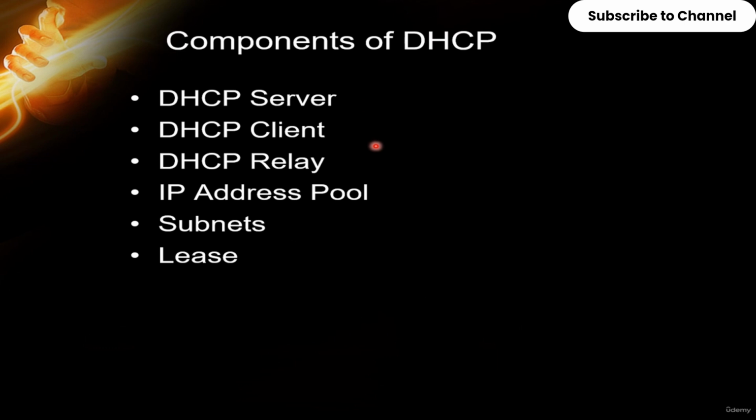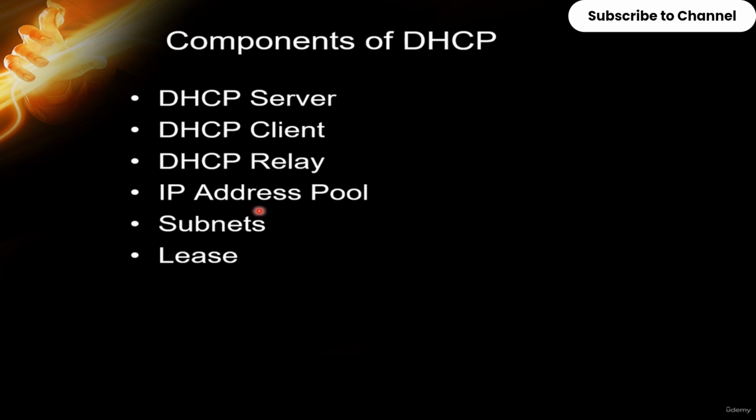Then the client is a device. The client device can be a laptop, computer, tablet, or any other electronic gadget which wants to connect to the server. The DHCP relay is another component which is used to conduct communication between the client and server.